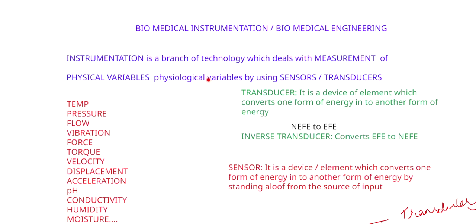If you want to measure the pH of water or steam coming into a boiler or turbine, it is a physical variable. If I want to measure the pH of blood or urine in the human body, or the pH of saliva in living organisms, that is called a physiological parameter.